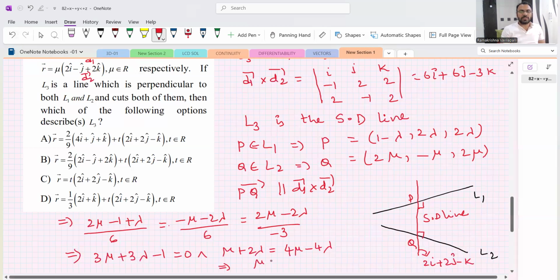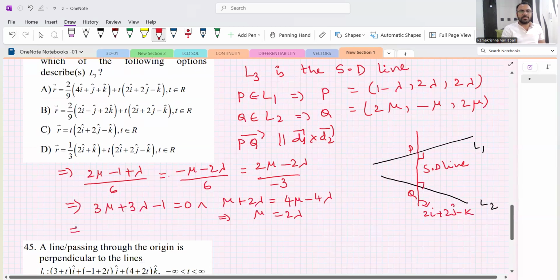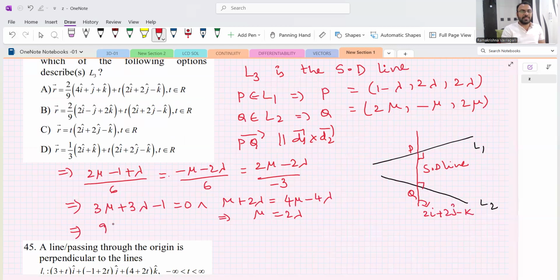So mu is equal to 2 lambda. Well, so this implies 9 lambda is equal to 1, implies lambda is equal to 1 by 9. Mu is equal to 2 by 9. We got the answer.